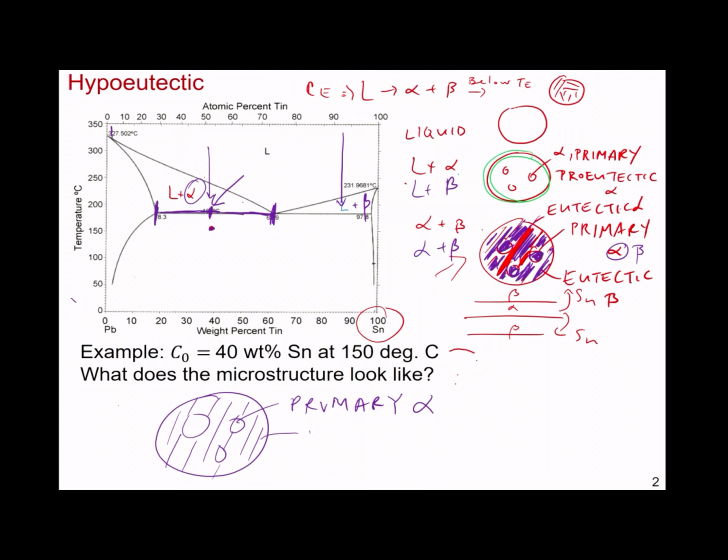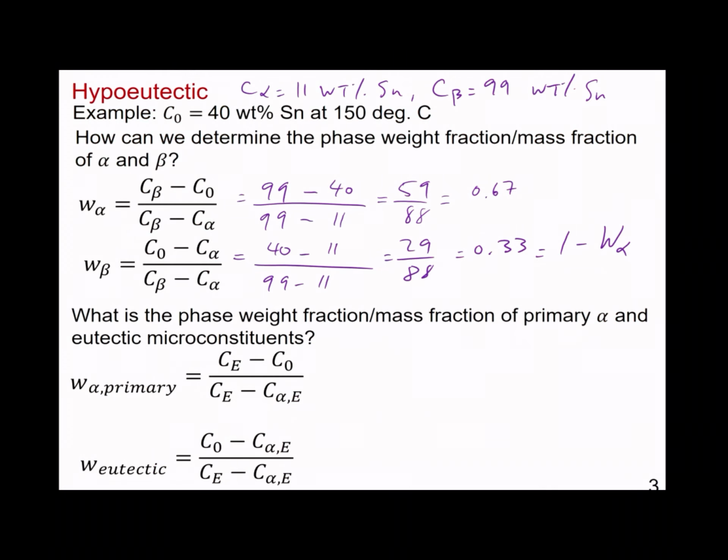Okay, so now we're going to get to how much of these blobs, how much of these primary alphas do I form first. That's what the next equation is for. So the lever rule, I know my eutectic composition is 61.9 weight percent tin, and I know that because I read it off of the diagram. My composition in the entire system is 40 weight percent, still hasn't changed.